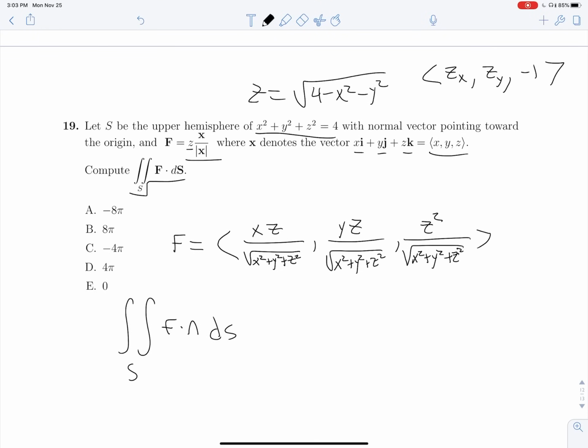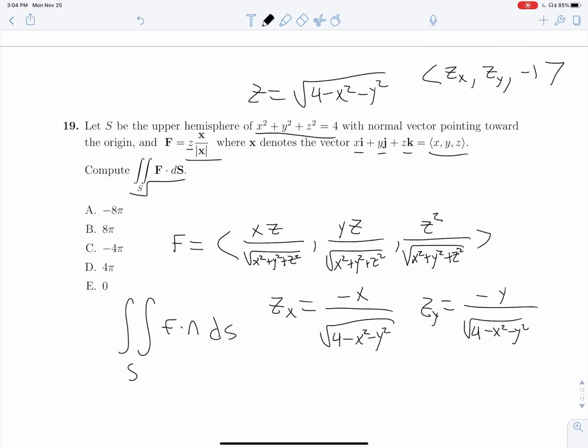So make sure to stick around. Zx is going to be -x over root 4 minus x squared minus y squared, and zy is going to be -y over root 4 minus x squared minus y squared.